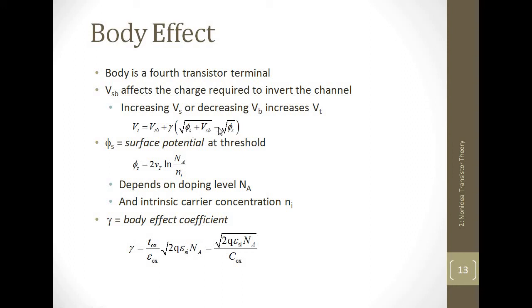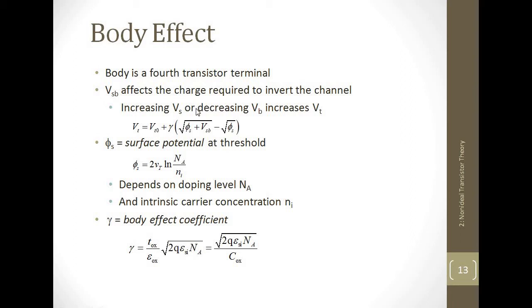As and when the surface potential at threshold changes, the actual threshold voltage also changes. If the VSB, the substrate to body voltage, is not properly grounded, or the voltage is not exactly given, if the terminal connections are varying, this variation will vary your threshold voltage, which is called the body effect.